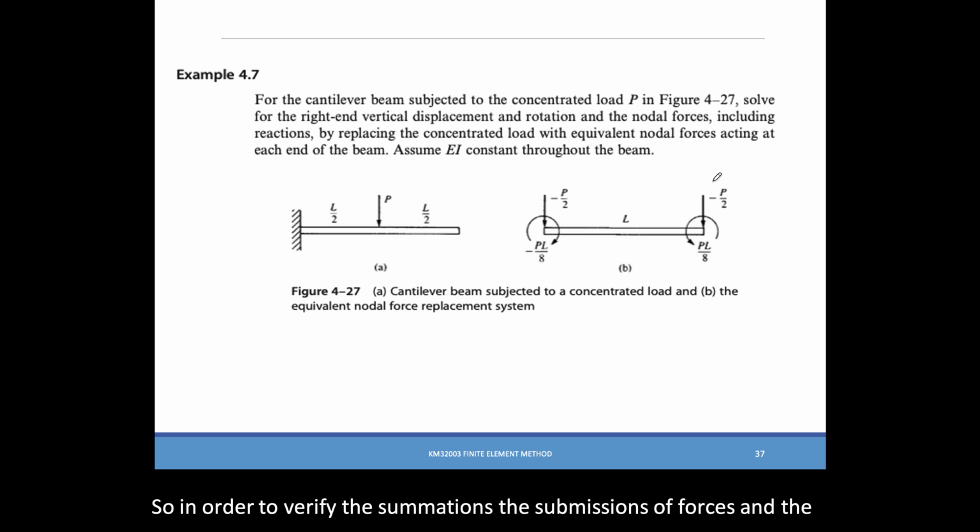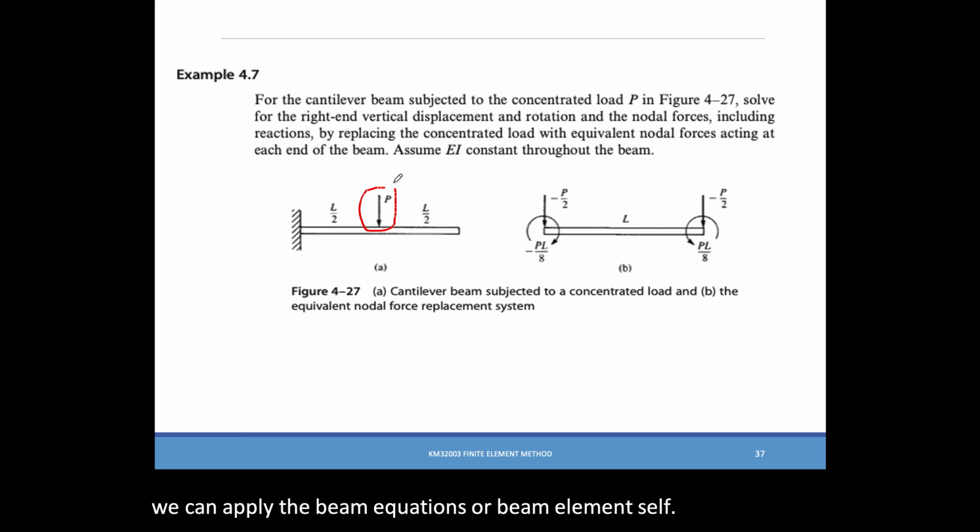Okay, this slide shows the idea of how we can apply the beam equations, or beam element itself, as well as the distributed load ideas. So even if it is not a distributed load, we can also separate them into two nearest nodes.